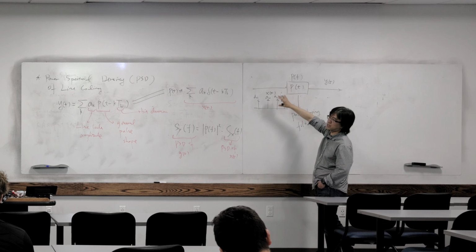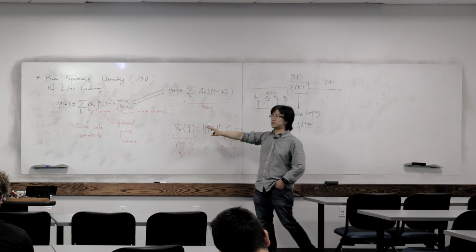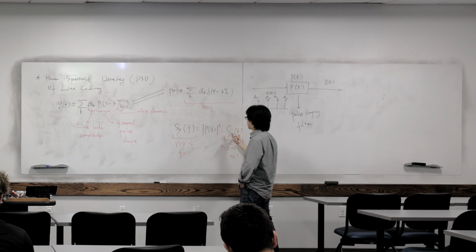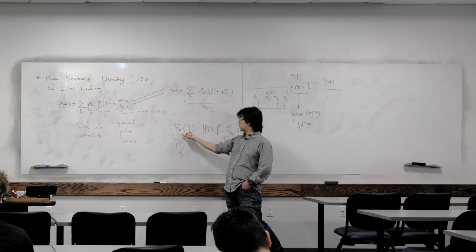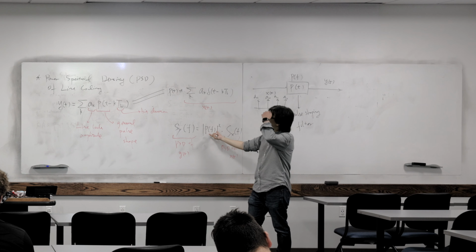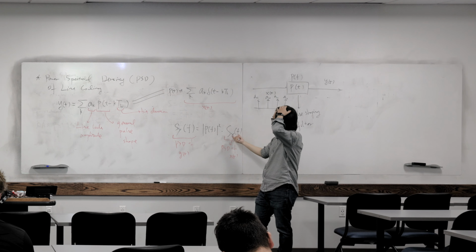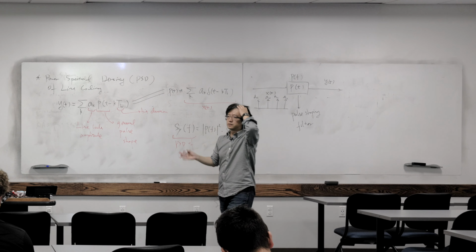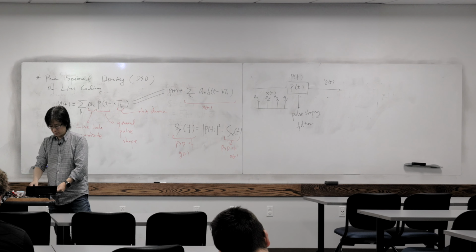If you consider such a linear system, then the relation between the power spectral density of the output and the input is like this. The PSD of the output equals the frequency response of the filter, absolute value squared, multiplied by the PSD of the input. So this is a given.